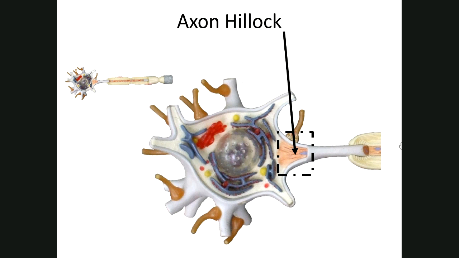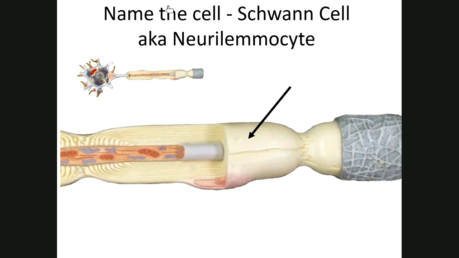Moving further down into the axon region, this arrow is pointing, so read the question. If it says name the cell, then you're going to call it either a Schwann cell or a neurolemmocyte. Schwann cell or neurolemmocyte.